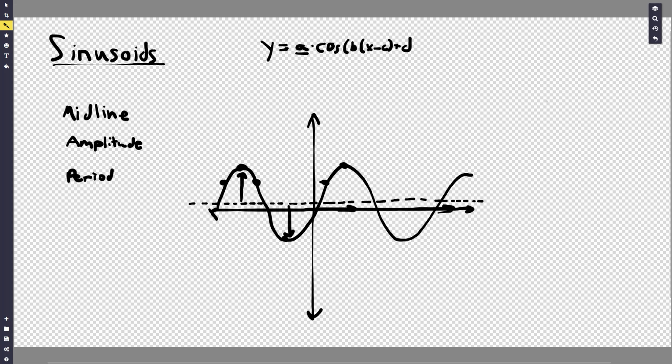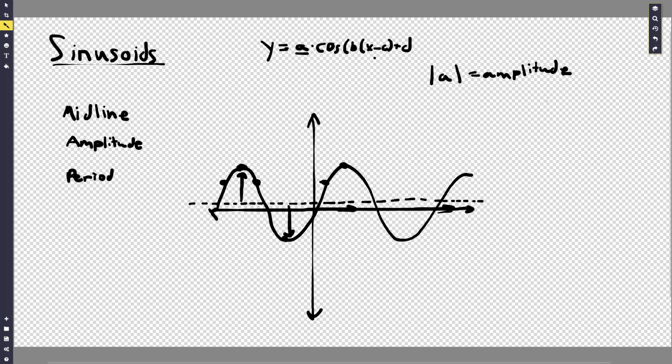So we have a. Okay, well, what does a mean? Well, the absolute value of a is equal to the amplitude. And why I say absolute value is because it doesn't really matter if it's positive or negative. It could be negative a or positive a.